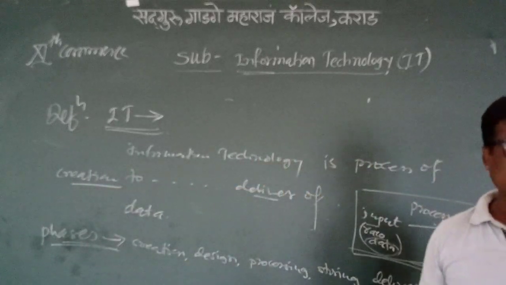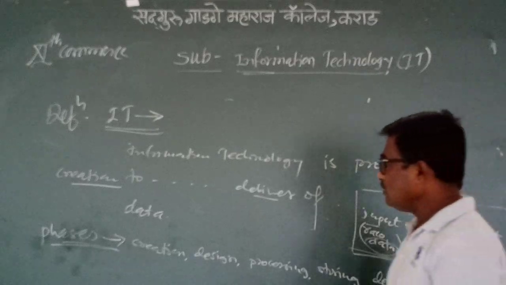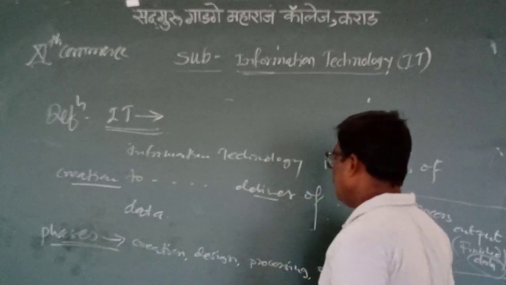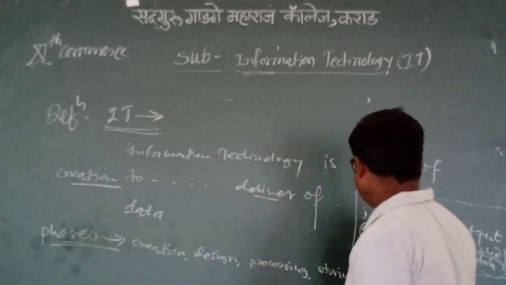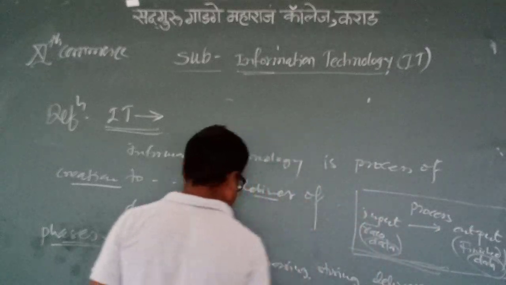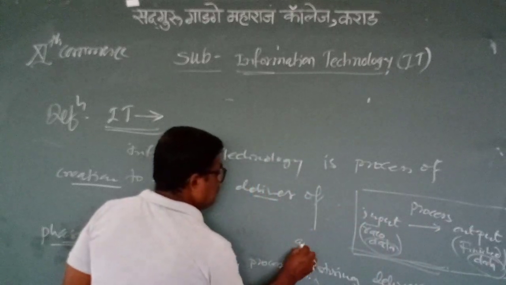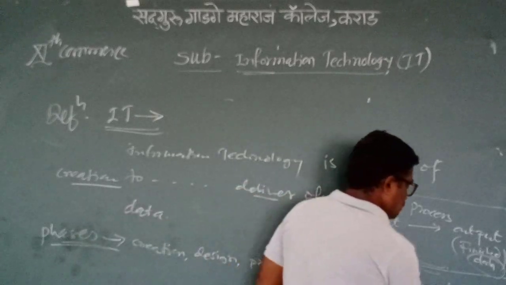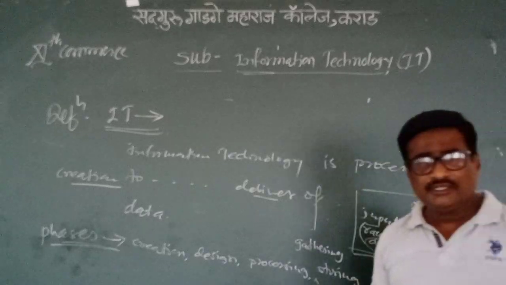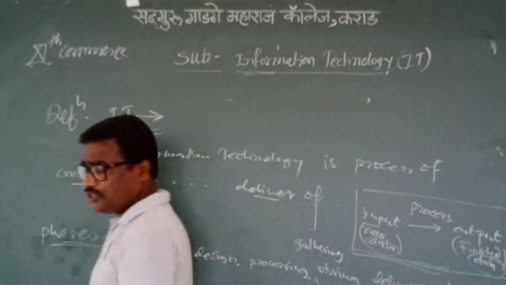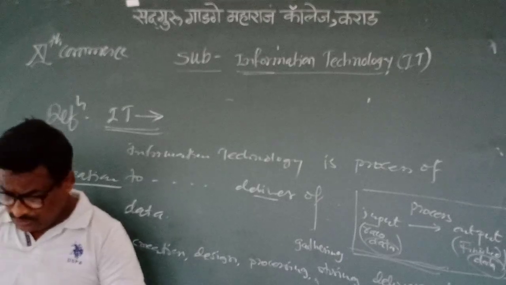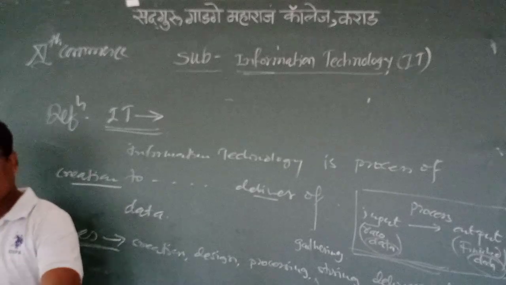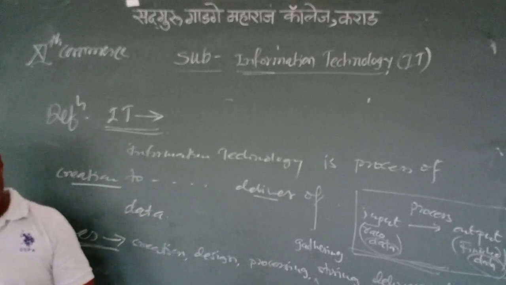Therefore, information technology is not a single entity, it is a number of phases from creation to deliver: creation, designing, processing, storing, gathering, etc.